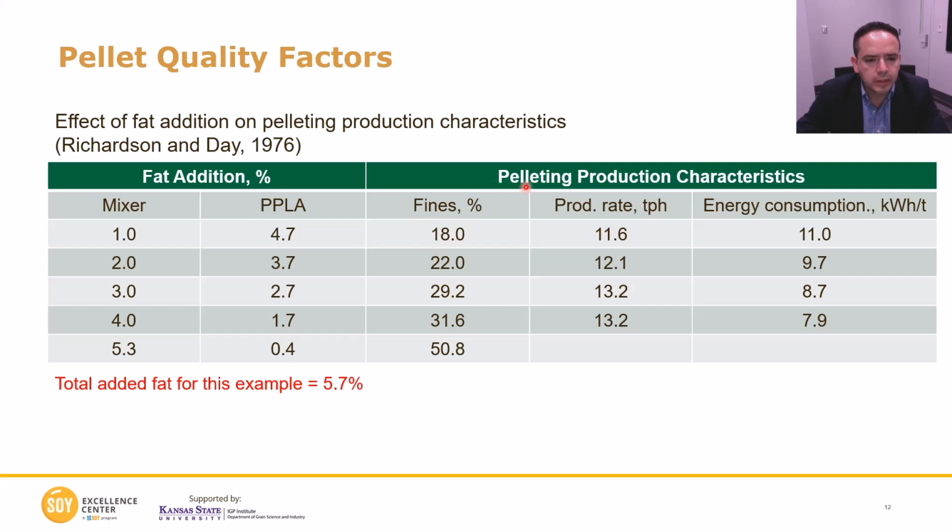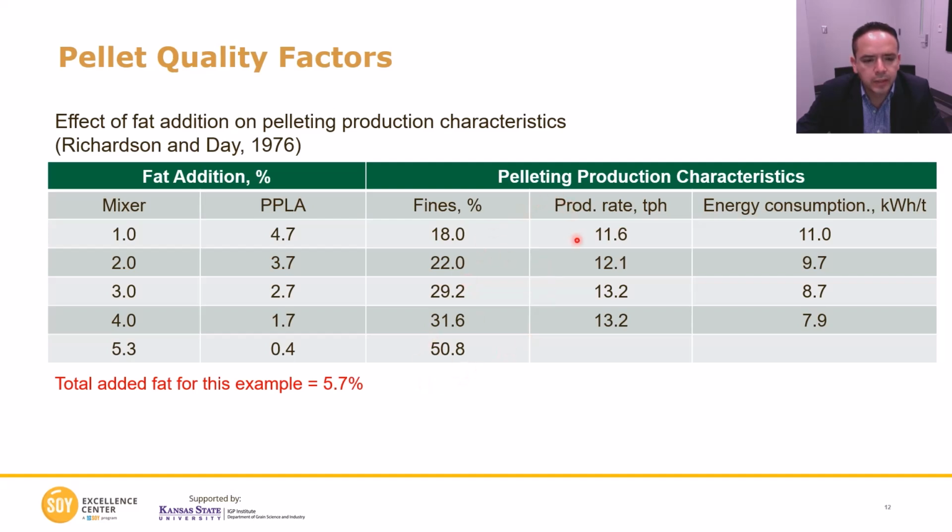Once you evaluate the pelleting production characteristics, you can see that adding 1% fat in the mixer led to an improvement in the level of fines. These diets only contain 12% fines. However, as the level of mixer added fat increased, there was also an increase in the percentage of fines in the finished feed.